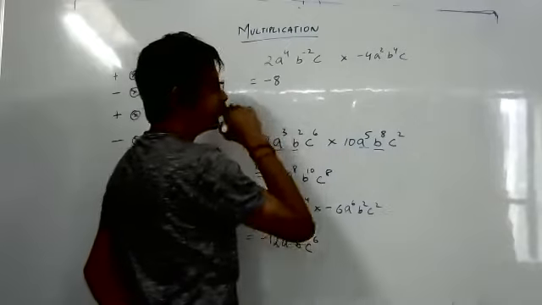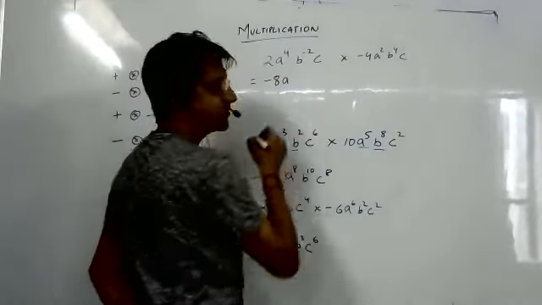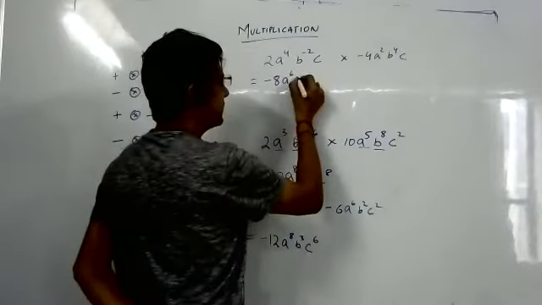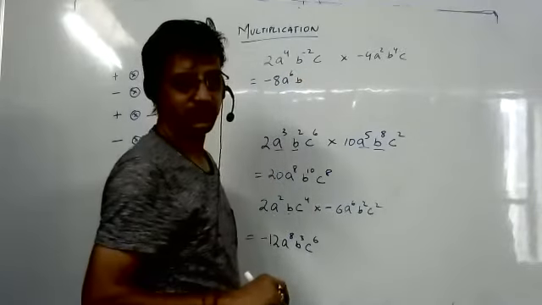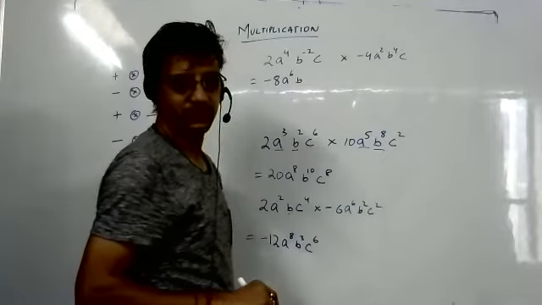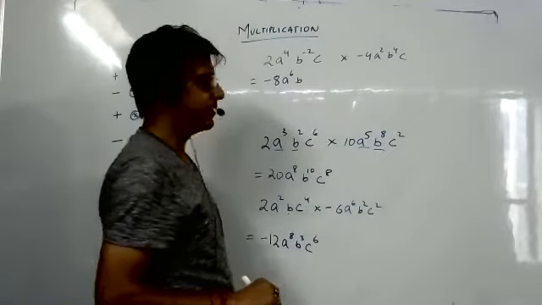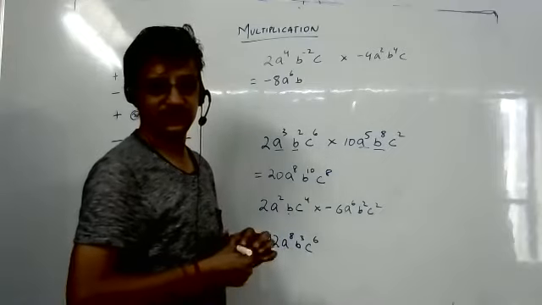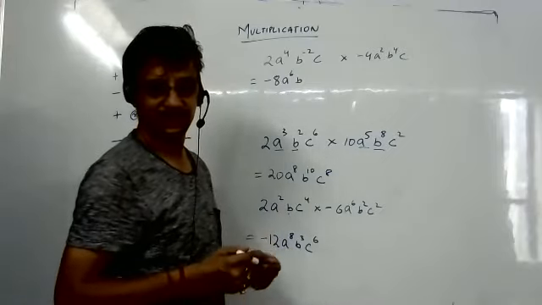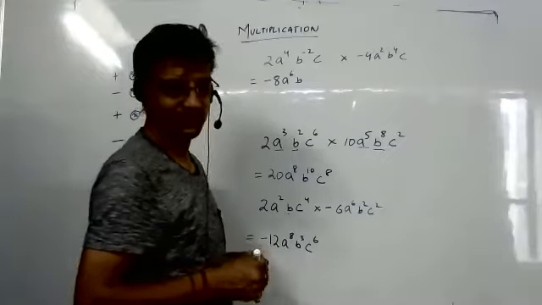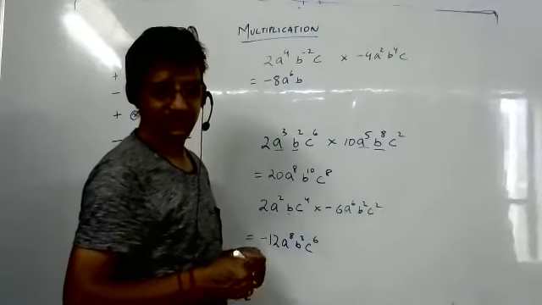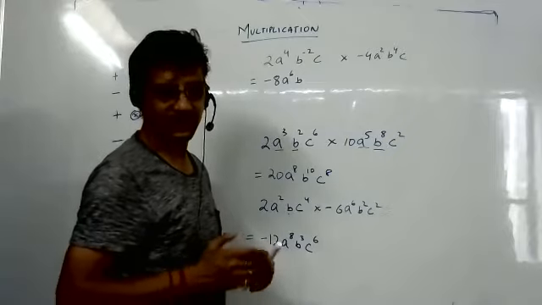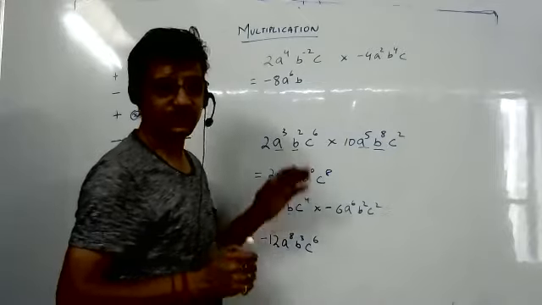Minus 8 a to the power 6, b to the power minus 2 plus 4. Sir, is it 2? It's positive 2. You are telling 2. So it should be b to the power 2.